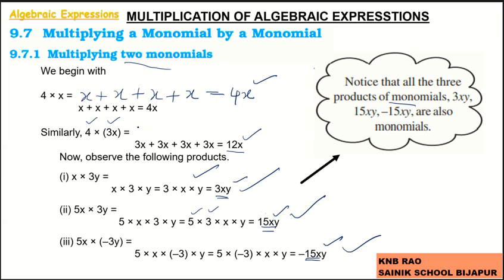That means the product of two monomials will result as a monomial only. So, product of monomials is also a monomial. Very important. Product of monomials is also a monomial. So, that is one important note.